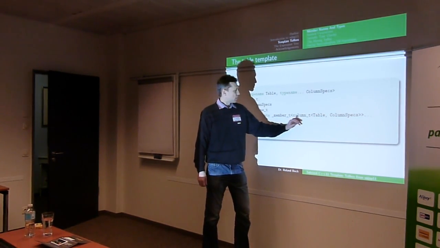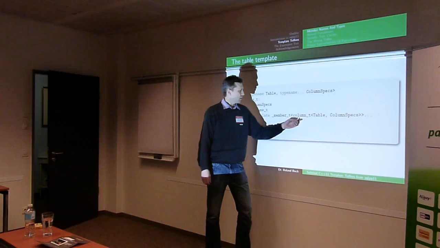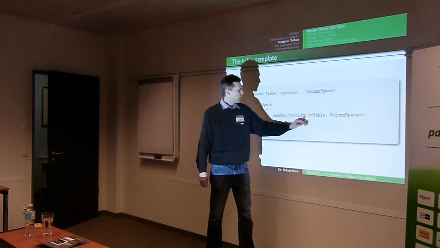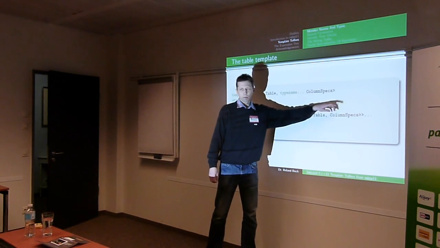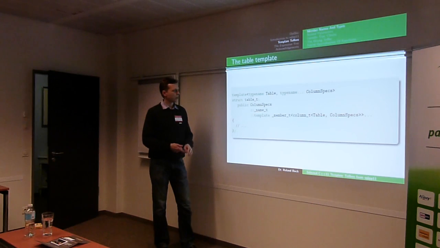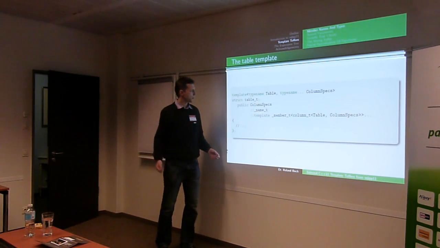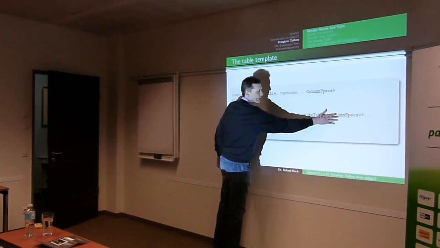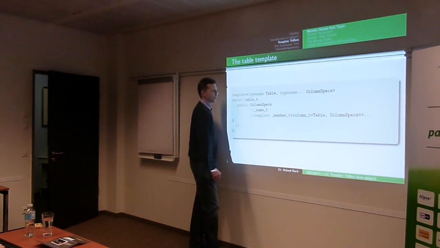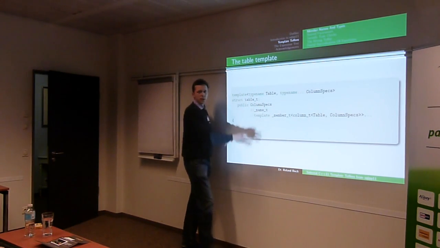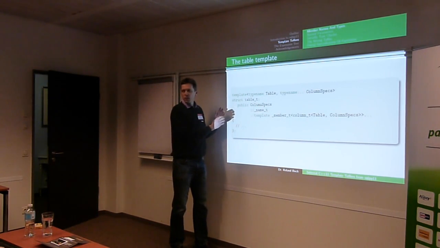So that is all handled by a column template, and the column template uses these specifications to know what type it is, and later on what name it is. And we want to bring this column into the table with the right name.